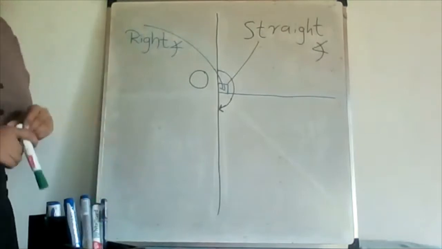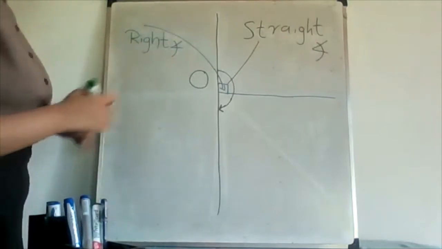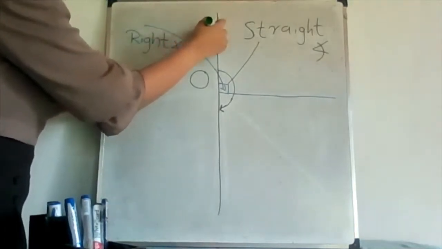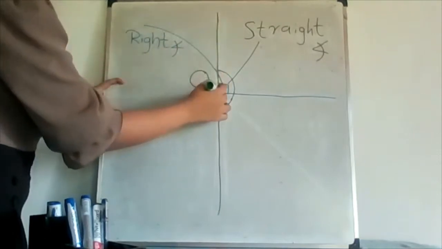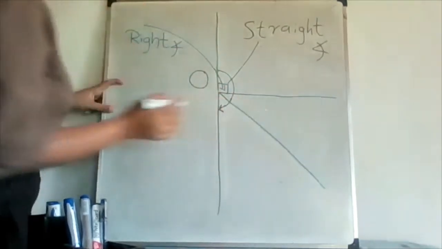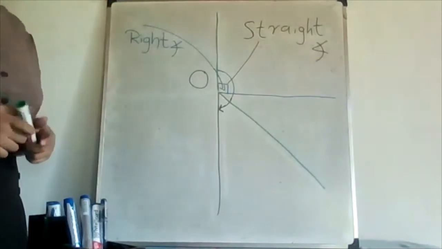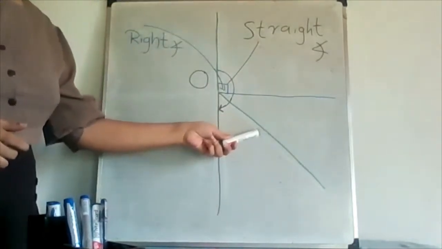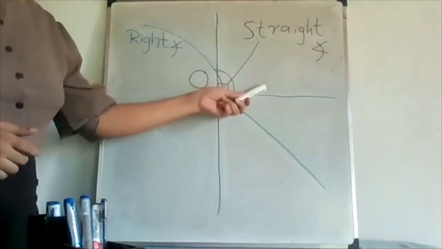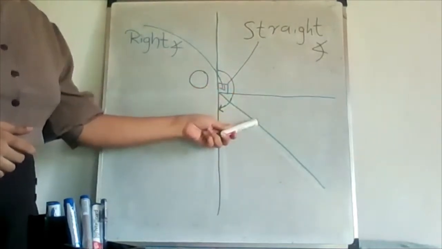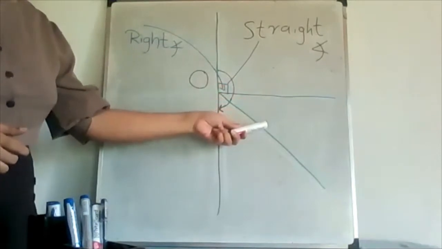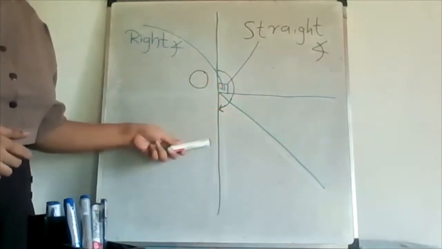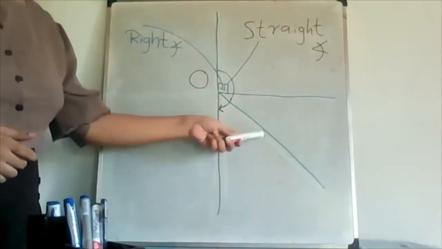So the next one. Now I will draw another angle. Here, pay attention to this new angle. You can see this angle is greater than a right angle, and this angle is smaller than a straight angle.